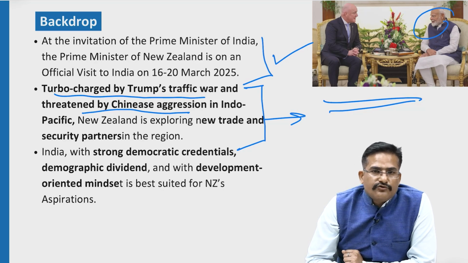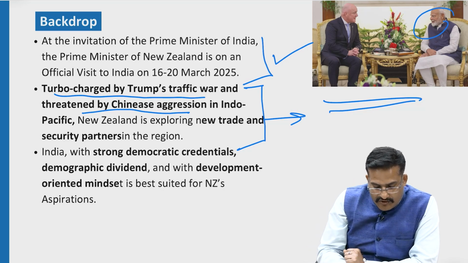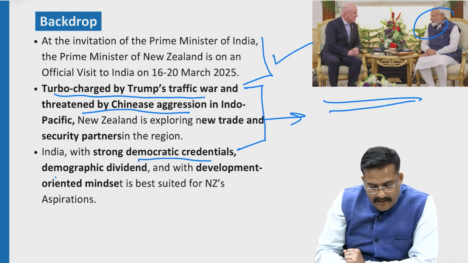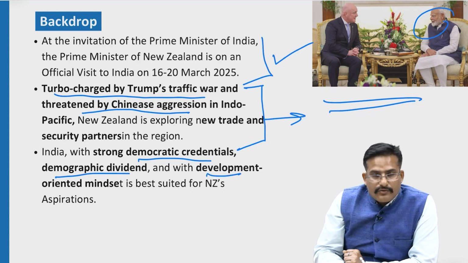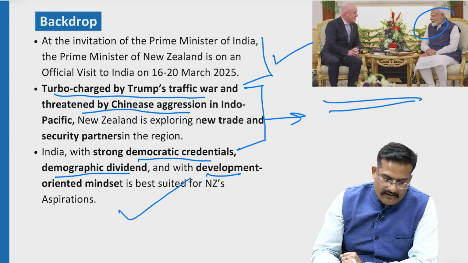New Zealand is looking for a new partner in this region, and India, given its strong democratic credentials, demographic dividend and development-oriented mindset, is the most suitable candidate for New Zealand's aspiration in this regard.